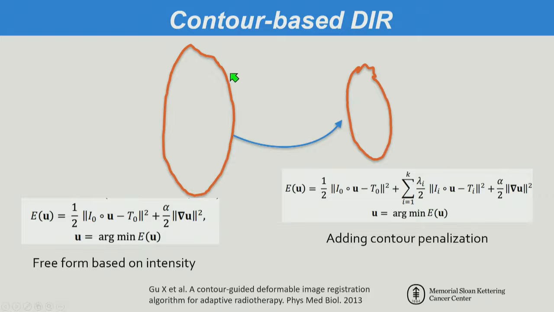So you use that correspondence or that relationship to drive your DIR. Now, point-based and contour-based can be used in combination with other methods, and then it really can help the other method to provide a better deformable registration.